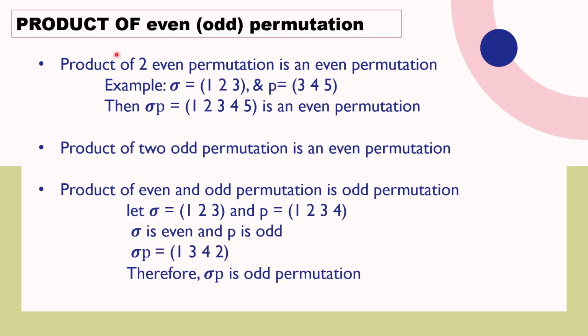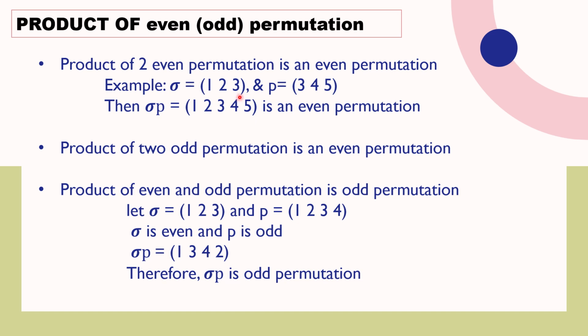Now, product of even or odd permutations. Product of two even permutations is an even permutation. So if you're given two even permutations, the product is going to be an even permutation. For example, you have sigma (1, 2, 3) and p equal to (3, 4, 5). The cycle is odd, therefore the permutation is even. Same goes over here.